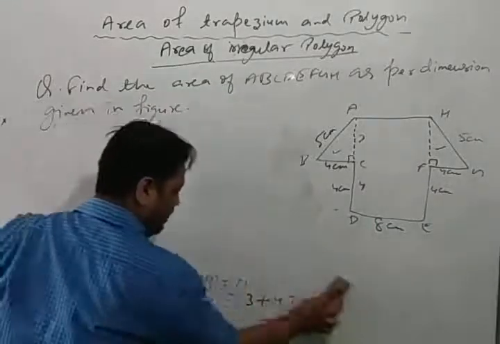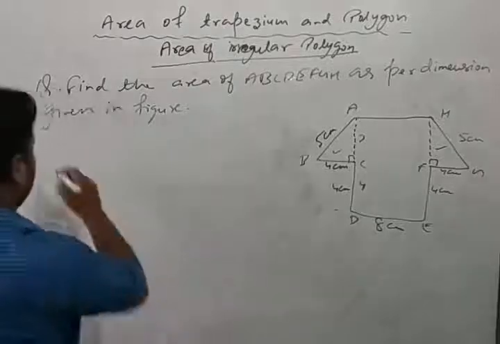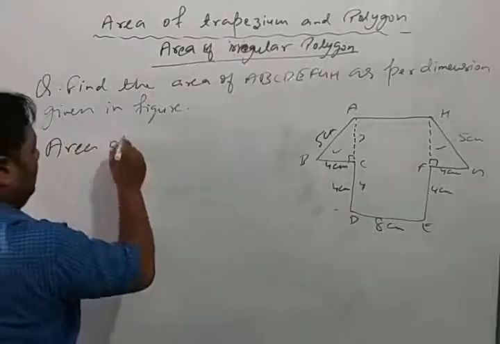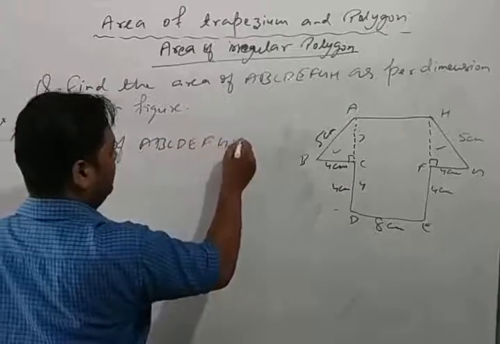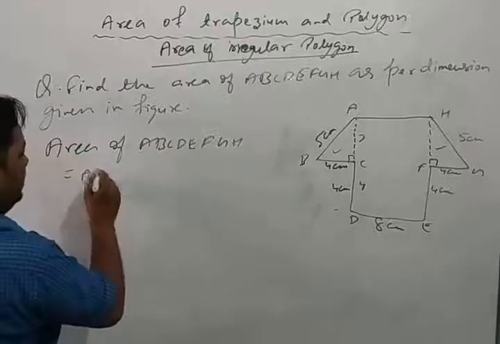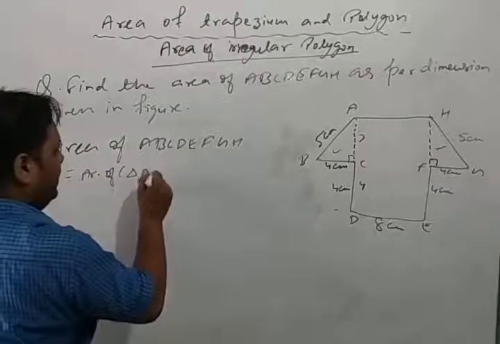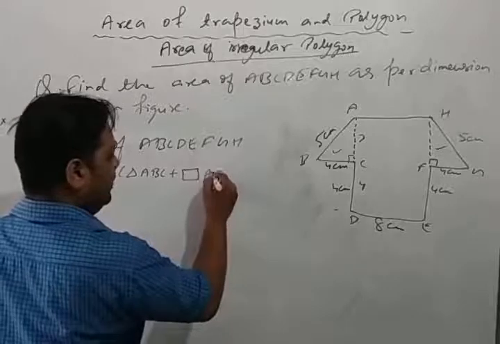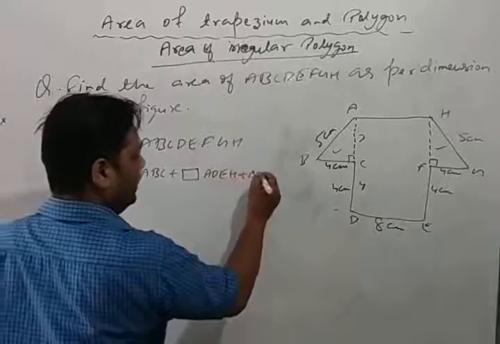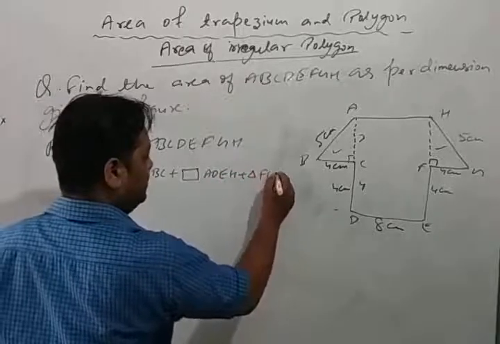So we can say that area of ABCDEFGH is equal to area of triangle ABC plus rectangle ADEH plus triangle FGH.